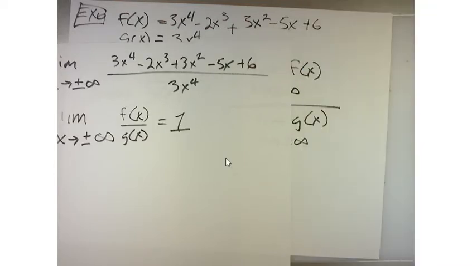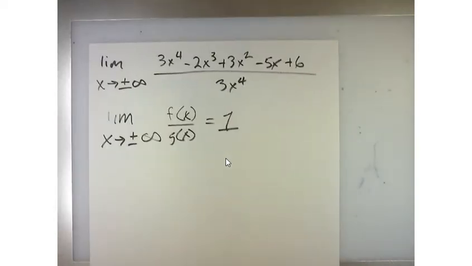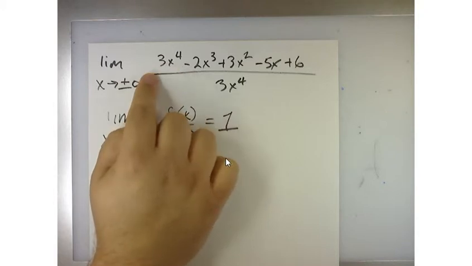The reason it's approaching 1 is, and I want you to think about this in your head, as I start to plug in values, as we start to approach infinity, really big numbers, when I raise something to the fourth power, so just imagine in your head, 1 million raised to the fourth power. That's a 1 followed by, what is that, 24 zeros? And then it'd be times 3. So it'd be like 3 followed by 24 zeros.